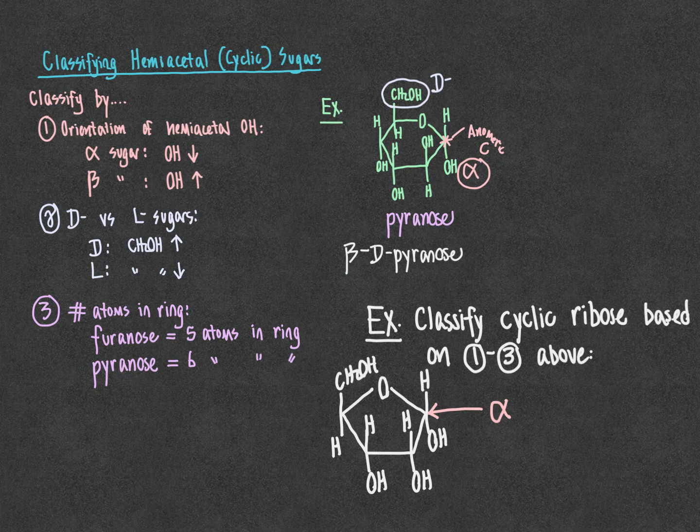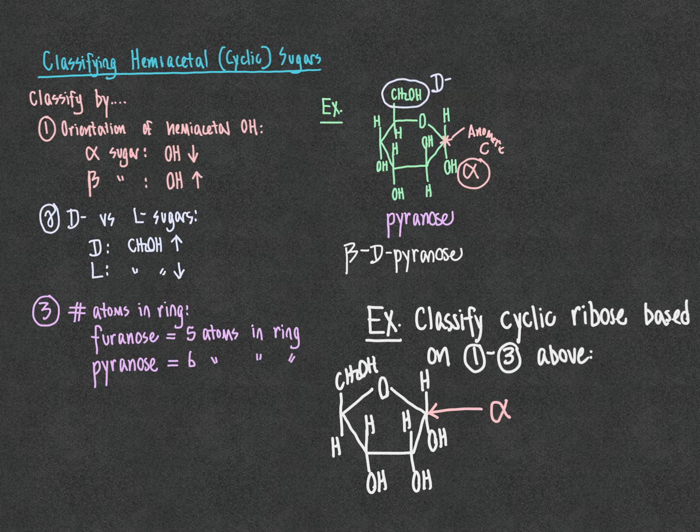Now, going to criteria number 2, in categorizing this as D versus L, we look at the orientation of the CH2OH group.